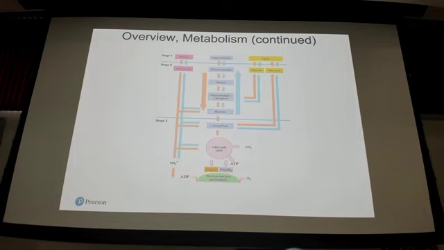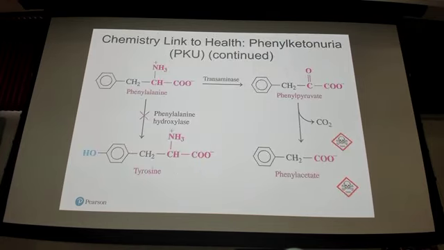And so, as I mentioned in previous lectures, one of the favorite stars of biochemistry in terms of disease conditions that encapsulates a lot of what we've talked about so far is phenylketonuria. In that condition, there's a defective enzyme, phenylalanine hydroxylase. That enzyme converts phenylalanine, an essential amino acid, to tyrosine, which is non-essential.